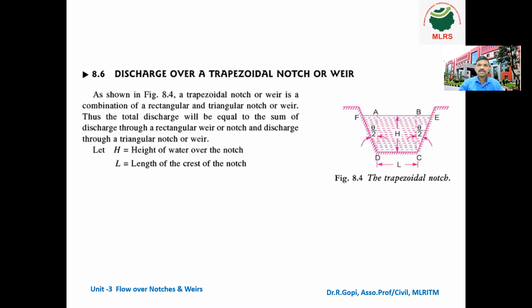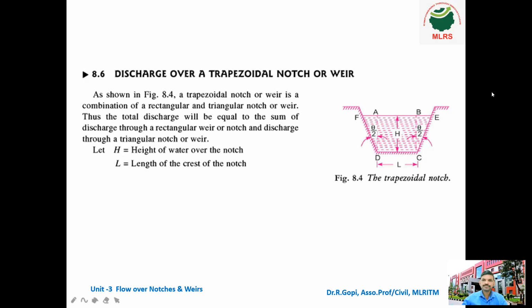Okay, you can see in this picture, this is a trapezoidal notch. If you look closely, a trapezoidal notch consists of both a rectangular notch as well as a triangular notch.